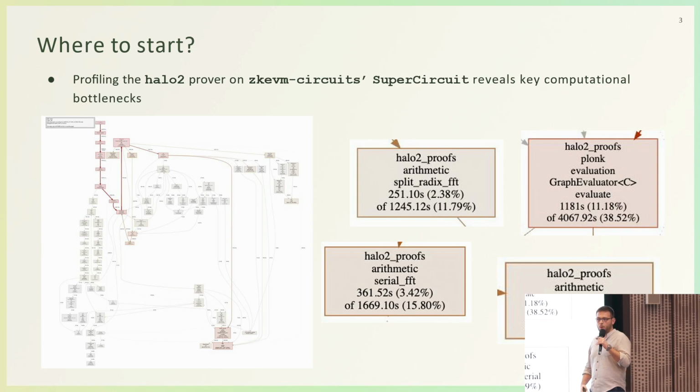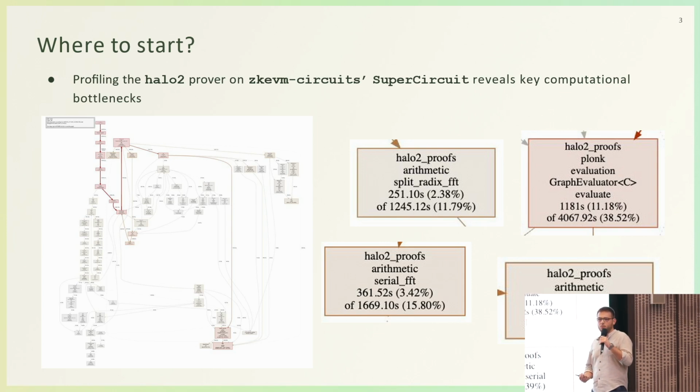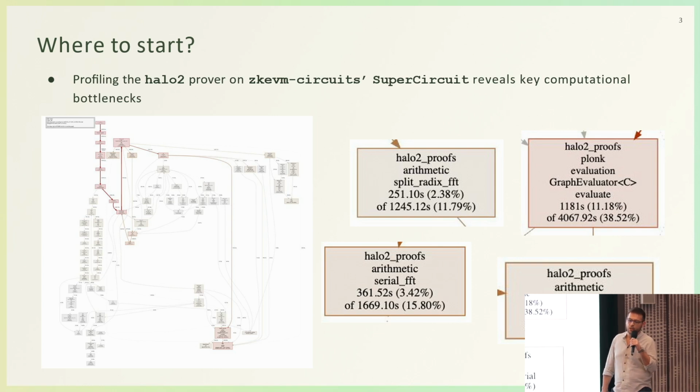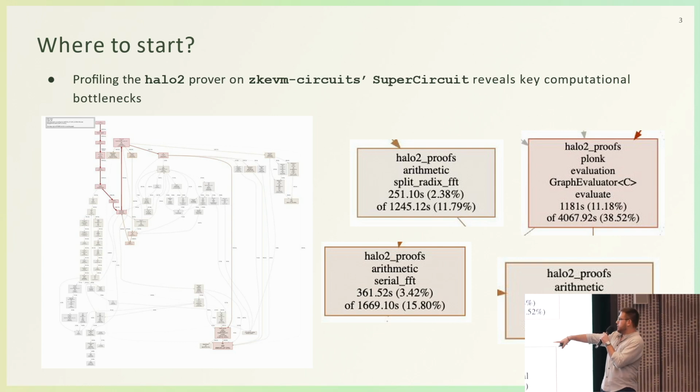So, when you want to accelerate a prover, what do you do? The first thing we did is to profile an execution, a full run of our prover. You can see on the left side the full run, and in red, one of the main bottlenecks of our prover.